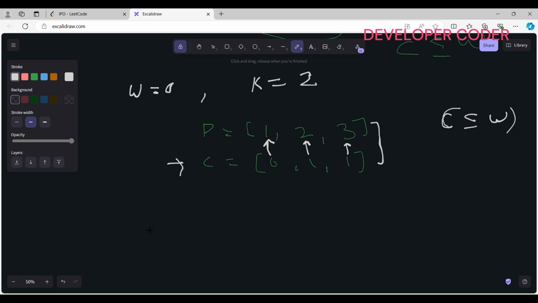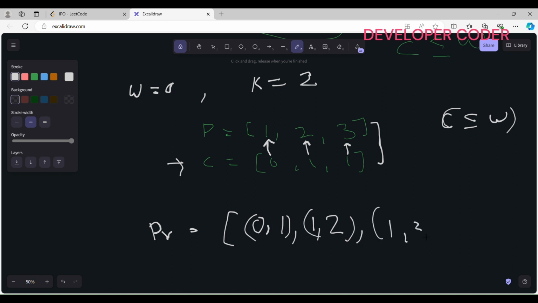Let's create one array list, projects. In this array list I am going to add the capital and the profit for that particular capital. For this 0 capital this is the profit, for this 1 capital this is the profit, and for this 1 capital this is the profit.